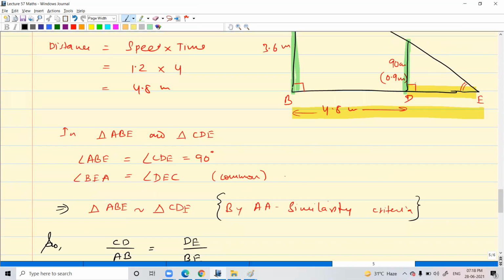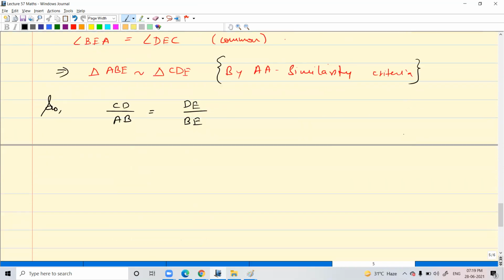So this DE, I'm going to call this DE as X so that it will be easy for writing. So DE will be X, and what will be BE then? 4.8 plus X, right? Tell me if everyone is okay with that.